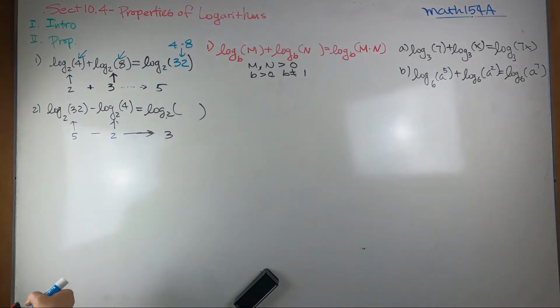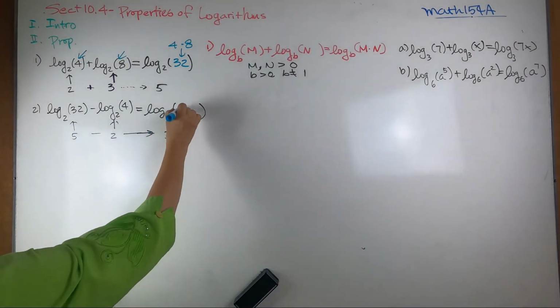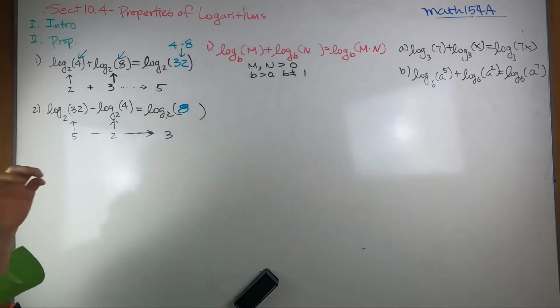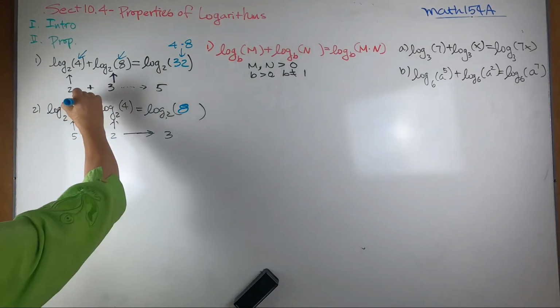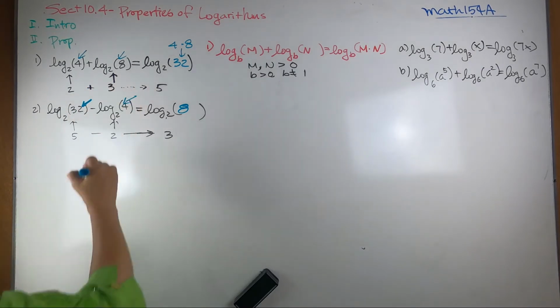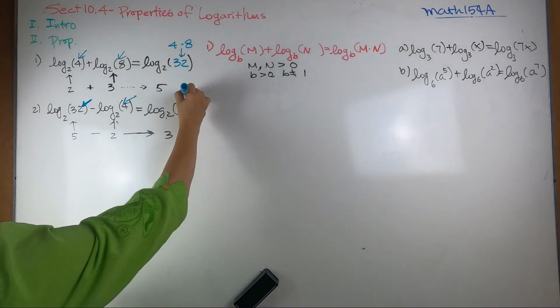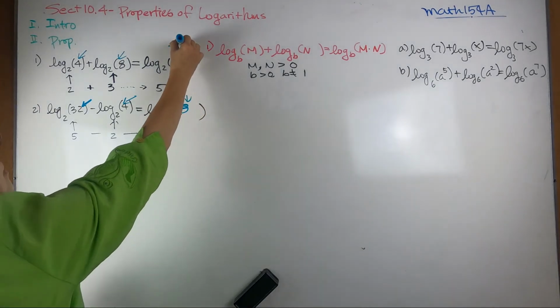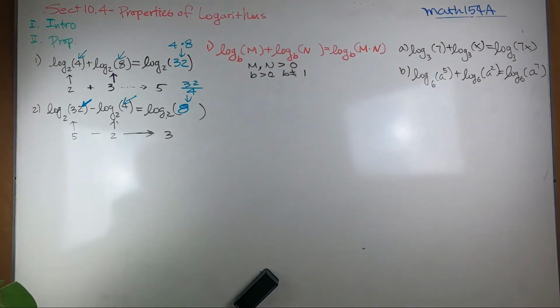Inside should be 2 to the third power, which is 8. Then if we try to get 8 from the original two numbers, 32 and 4, how can you get 8? You divide them, right? So addition was multiplication inside. When you subtract, you need to divide.